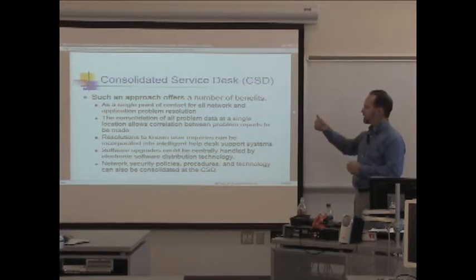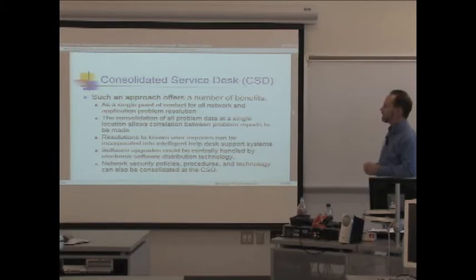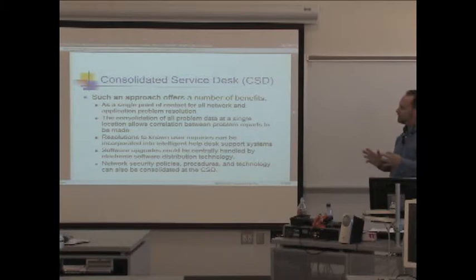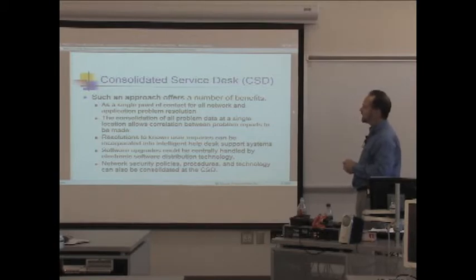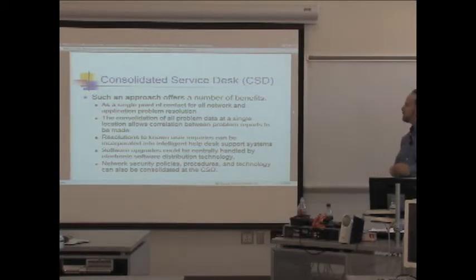So such an approach offers a number of benefits. A single point of contact for all network and application problem resolution. So instead of figuring out which guy do I call to get something resolved, you just call one number, and then using call distribution and whatnot, it gets to the right person. The consolidation of all problem data at a single location allows correlation between problem reports to be made.